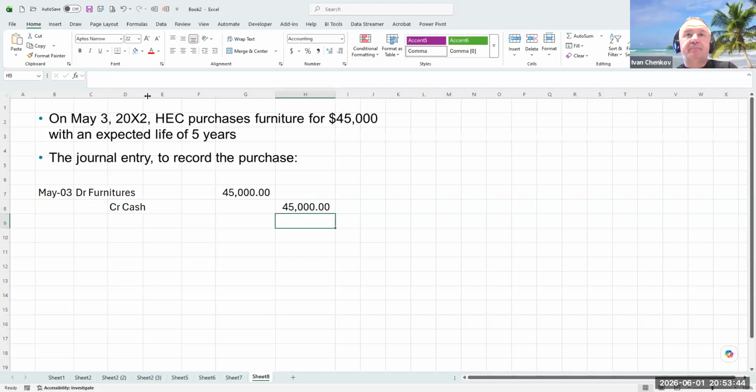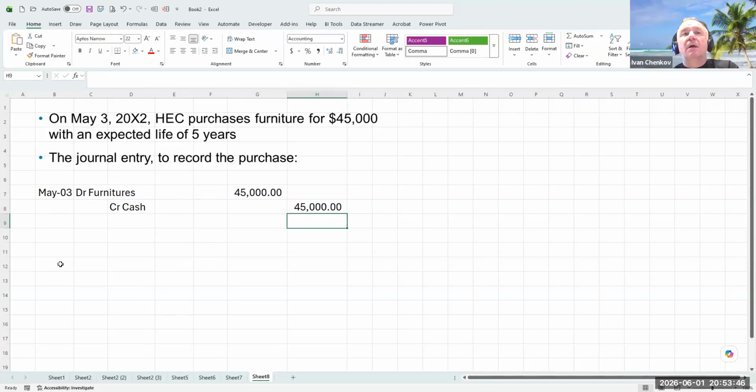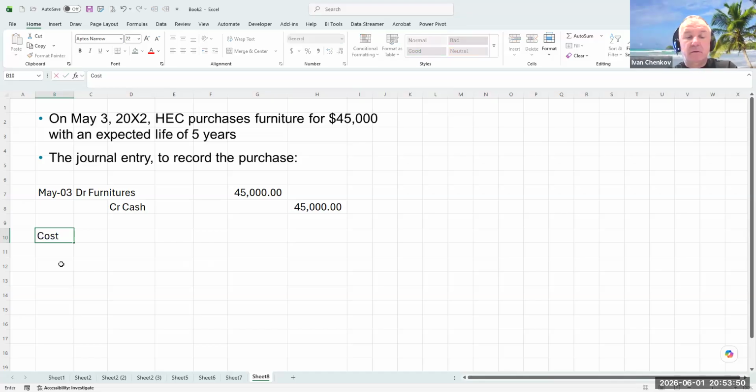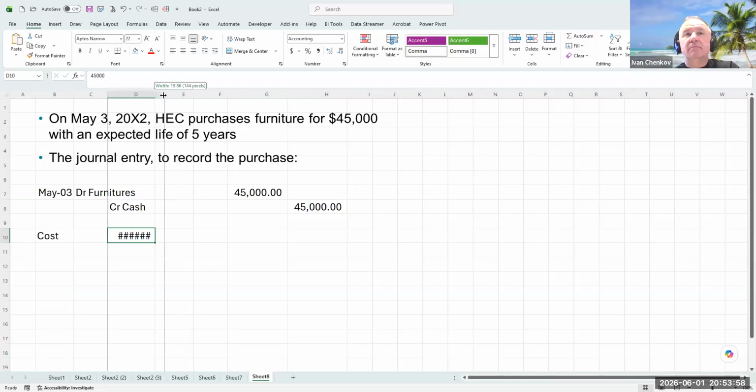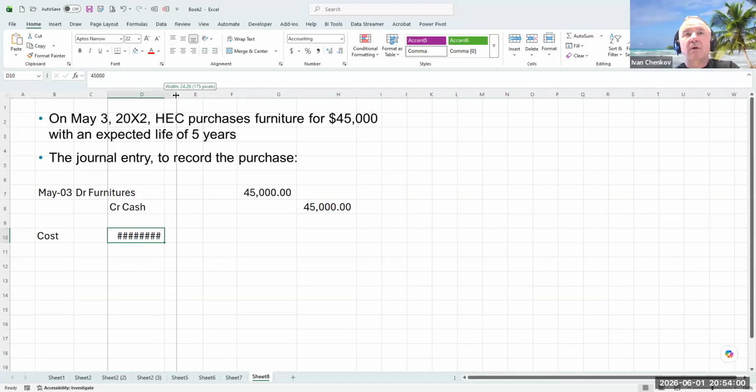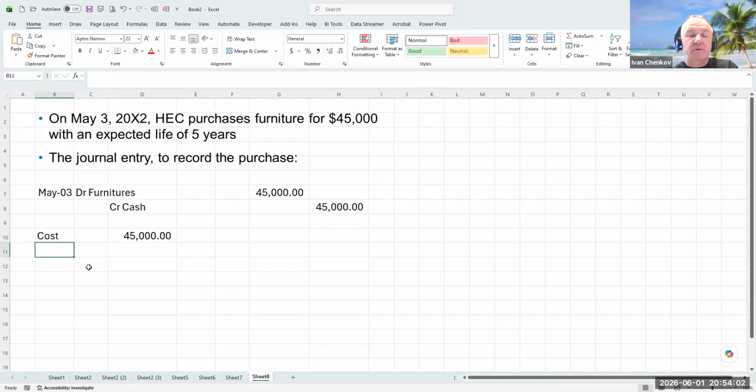That's great. Now, cost of our asset is 45,000. No questions about it. How many years we gonna use it? Our intent is to use it for 5 years.